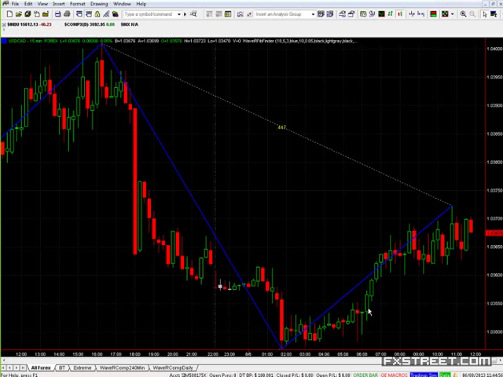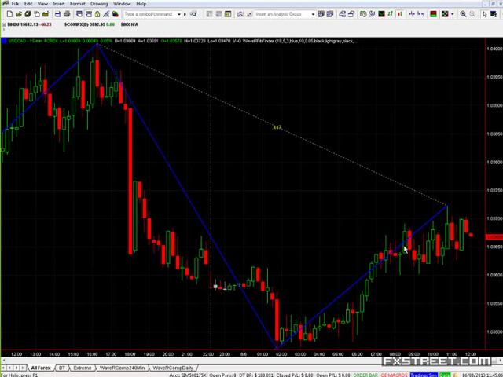They ran through very conveniently, 6 o'clock in the morning, just after 6. Then away it went. Not a massive move, but we don't necessarily need massive moves. We just need moves that we can see are going to be moving in the right direction.